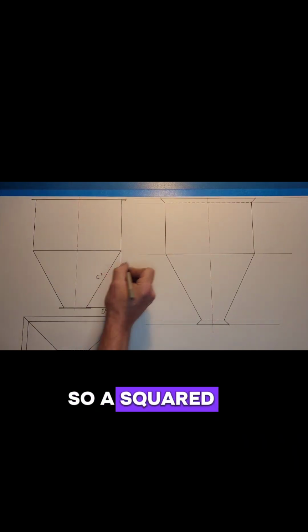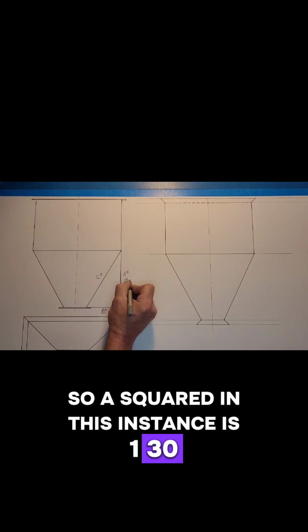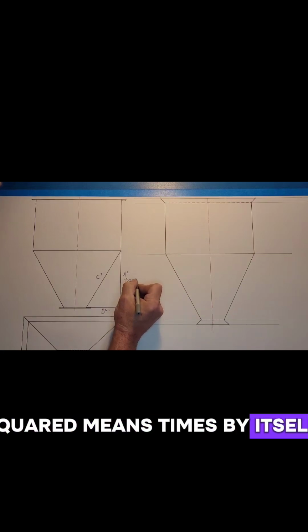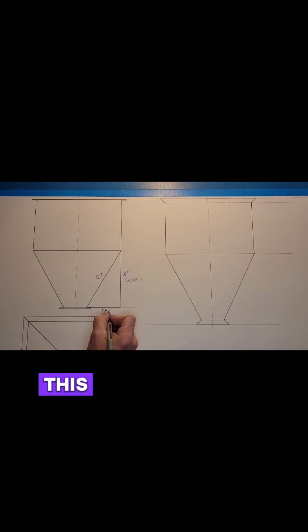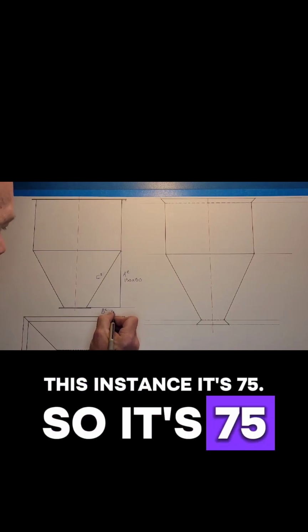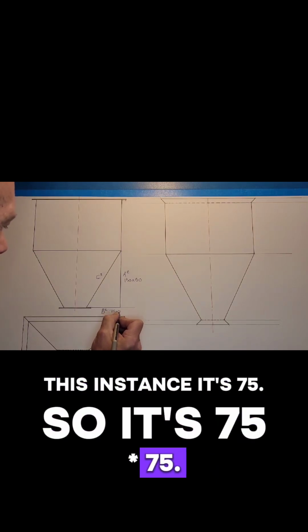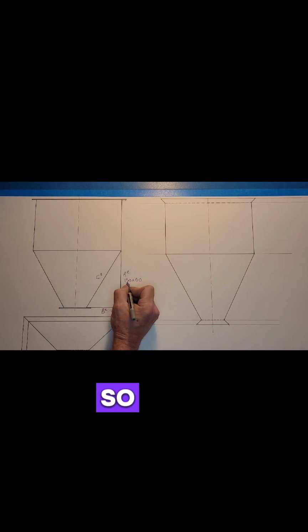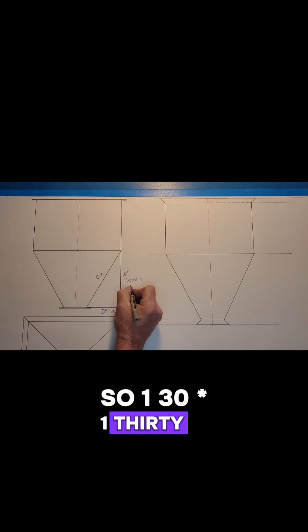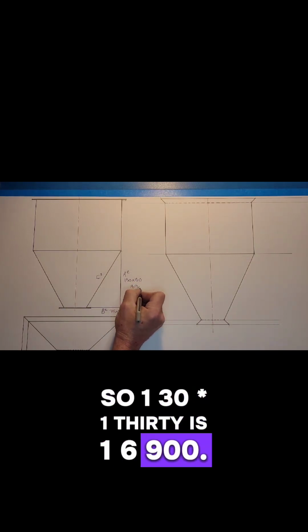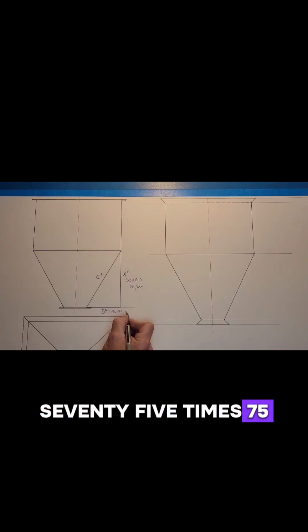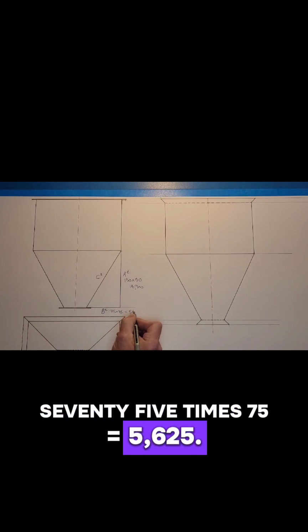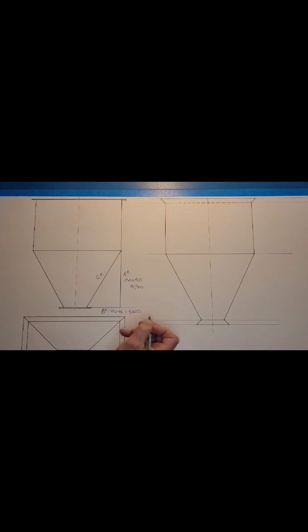So a squared in this instance is 130. Squared means times by itself. It's 130 times 130. B squared, in this instance, is 75. So it's 75 times 75. So 130 times 130 is 16,900. 75 times 75 equals 5,625.